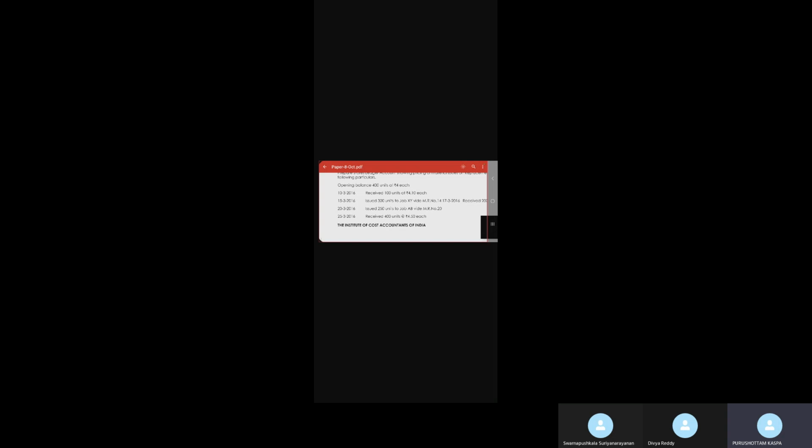On 15th March issued 300 units to job XY by material requisition number 14. Then on 17th March 2016 received 200 units at 4.3, and on 20th March issued 250 units to job AB by MRN 20.